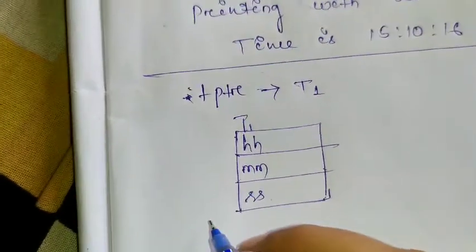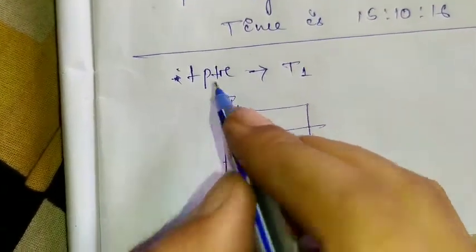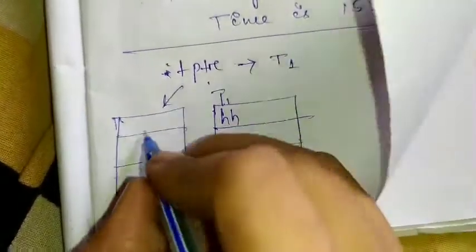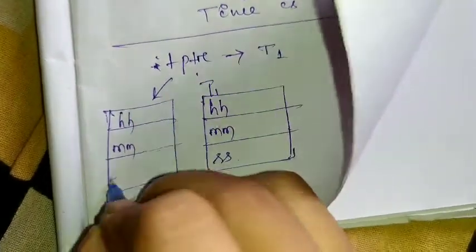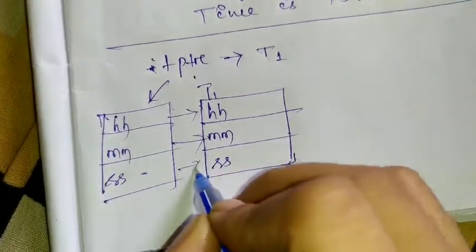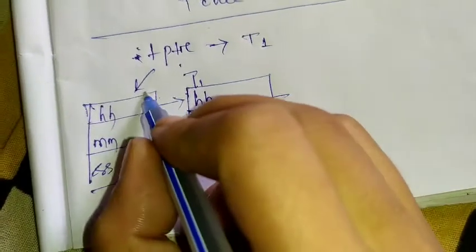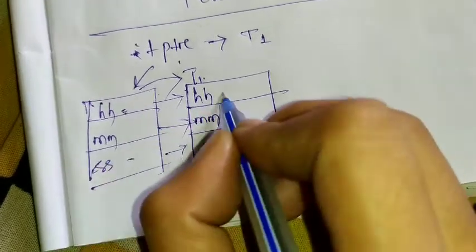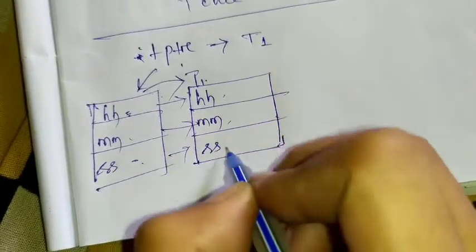This is your T1 object. This is also an object. What will it store in its memory space? It will store the address of this T1. So here hour equals this, minutes equals this, second equals this.